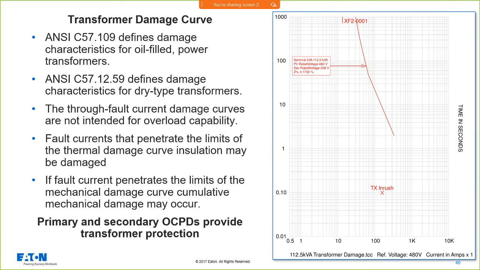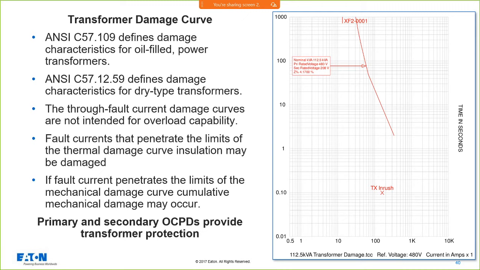I don't know, I think I deleted that slide that talked about categories 1, 2, and 3. Yeah, so there are categories 1, 2, 3, and 4. Category 1 is 5 through 500 kVA single phase, and 15 kVA through 500 kVA three phase.